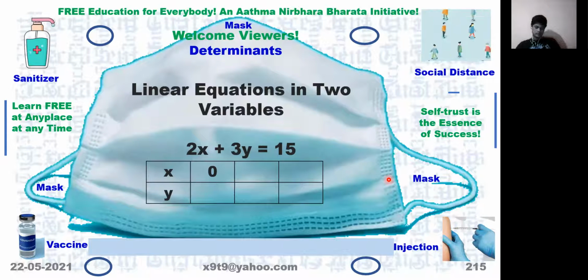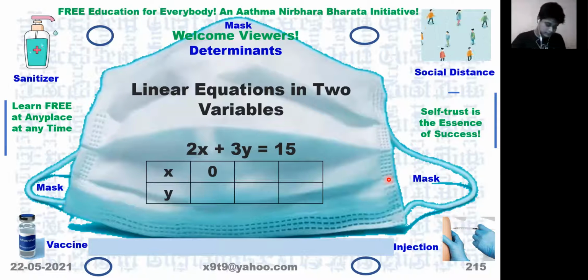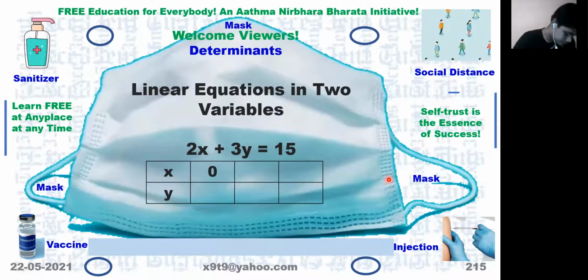The equation is 2x plus 3y is equal to 15. So x is 0. So what will be y? 2x, 2 into 0, plus 3y is equal to 15. 2 zeros are 0. 3y is equal to 15.